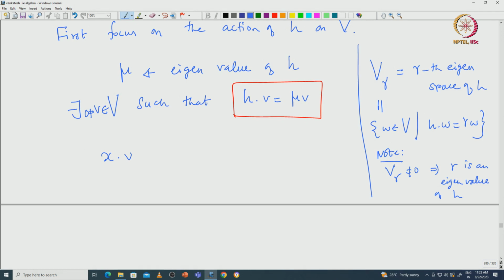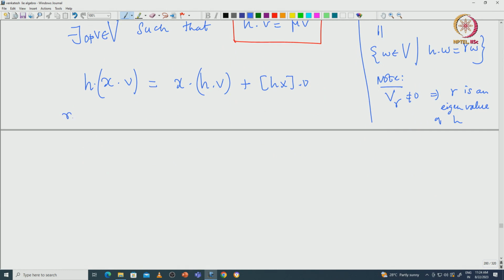Indeed, if you compute h acting on x v, then using the commutator relation we get x acting on h v, and then there will be an error term given by the commutator, that is [h, x] v. Recall, the bracket [h, x] is nothing but 2x.